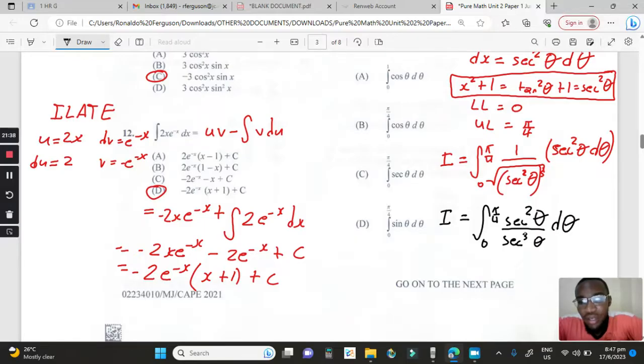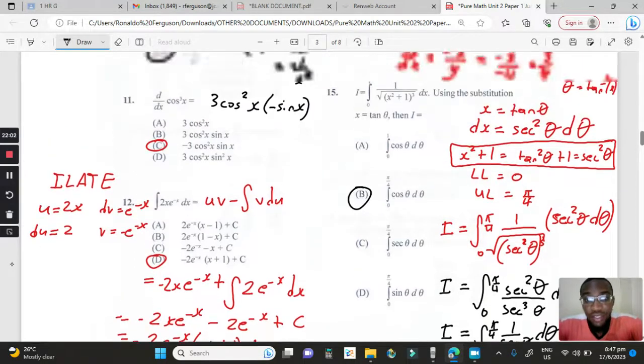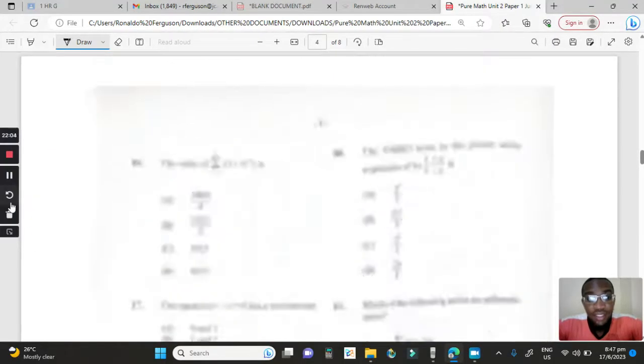Now square over cube leaves 1 in the denominator. So from 0 to pi over 4 of 1 over sec theta d theta. And 1 over sec theta is cos theta. So it's an integral from 0 to pi over 4 of cos theta d theta. So that's option B. That was actually a tough question.